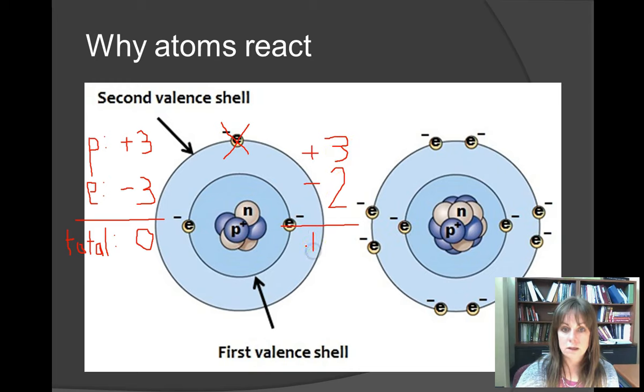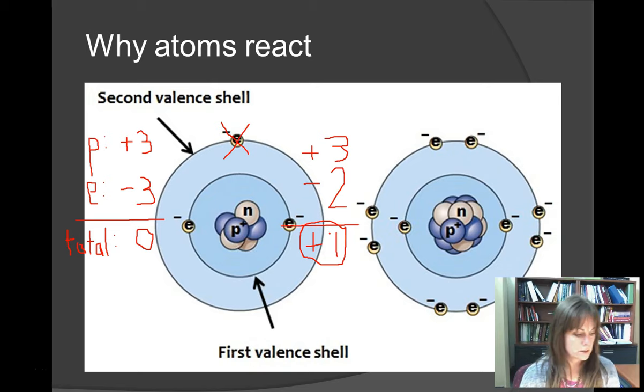Well, that leaves you with a positive 1. Okay? And so once we react and lose an electron, that changes the overall charge on this atom. Now for vocabulary words, you should know that if an atom has a charge, it is called an ion. Okay?